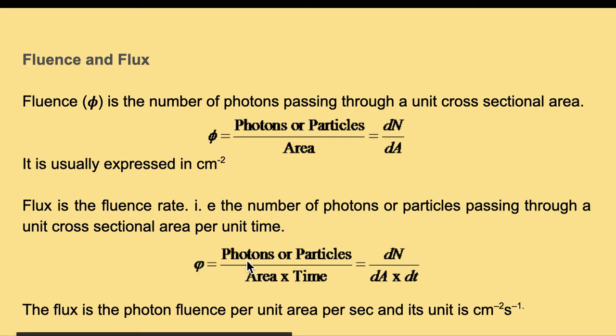Small phi is photons or particles by area into time, that is dn by dA into dt. And here the unit will be centimeter raised to minus 2, second raised to minus 1. And more often, you will represent the quantities in this radiation with CGS units. That is why it is coming with this type of quantities.